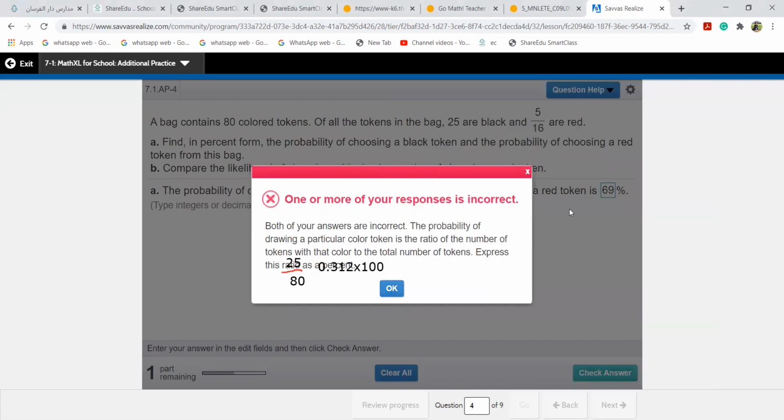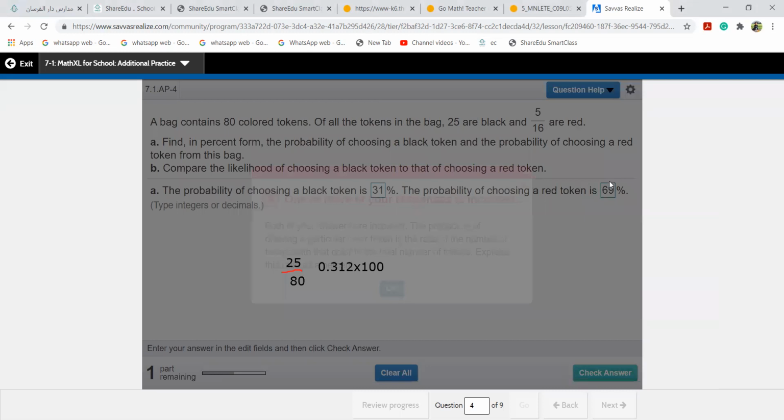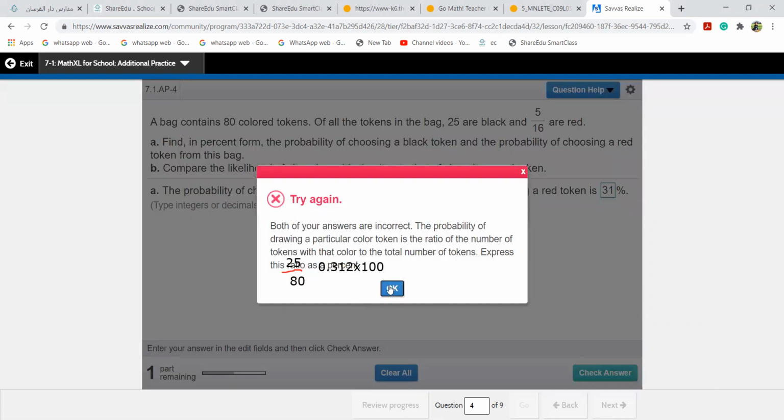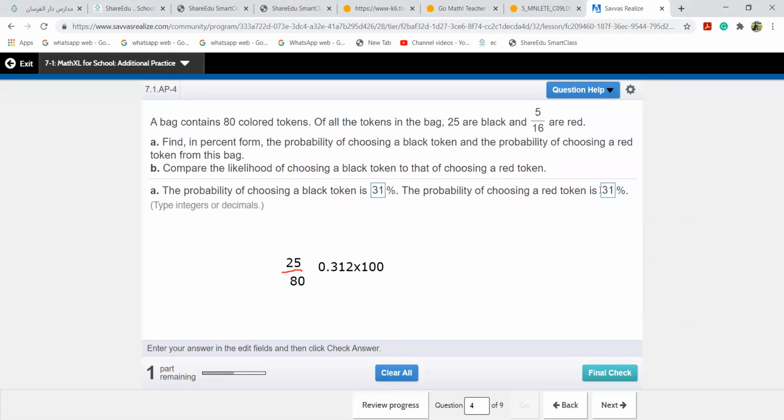Okay, so this answer is not correct. Let us put 31 again. Now check. That means both our answers are incorrect.